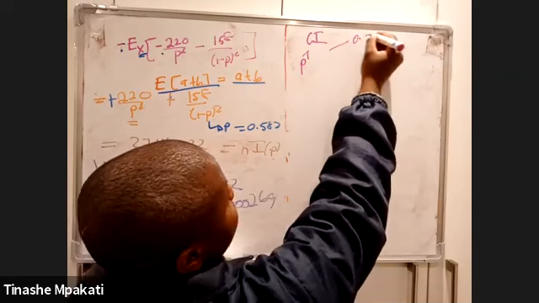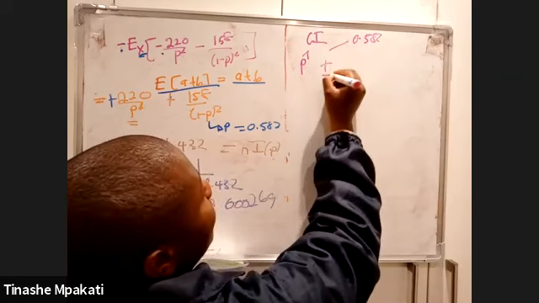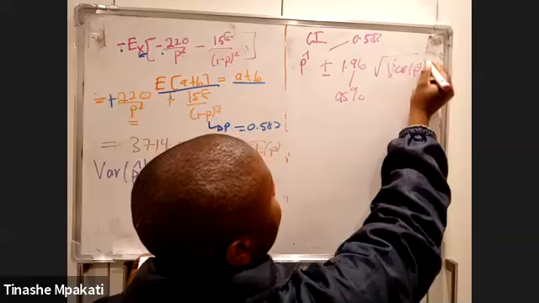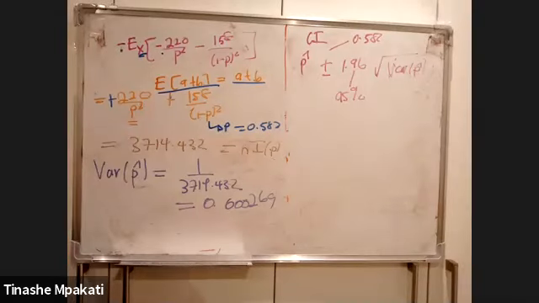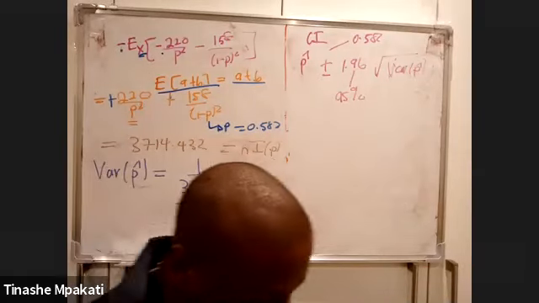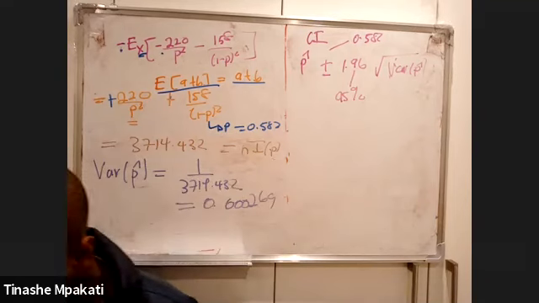Remember, this is 0.582 plus or minus 1.96 because it's a 95% confidence interval. Then you multiply this by the square root of 1 over n I of p, right? And that's just being fancy because this here is by definition just the standard error of our p like that, which is given as that. So you actually end up getting a confidence interval with numbers.